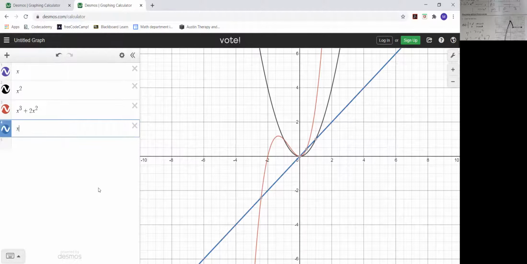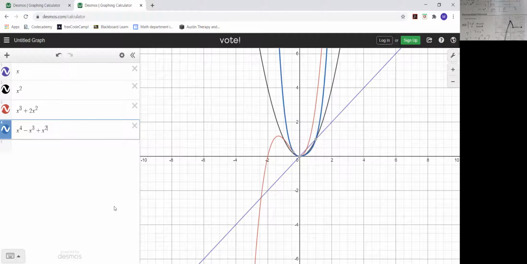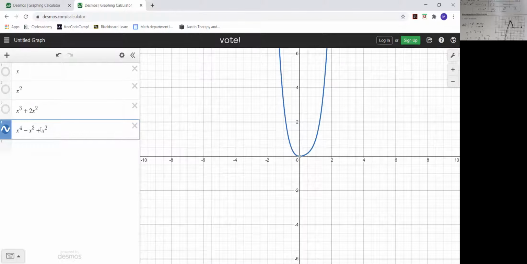And if I talk about a 4th degree function, let's see how many squigglies I can get.